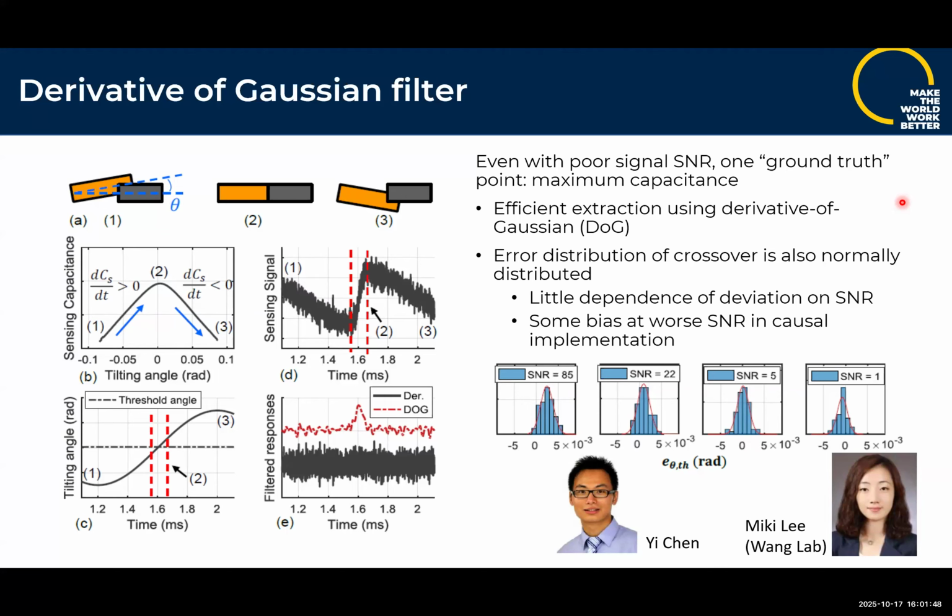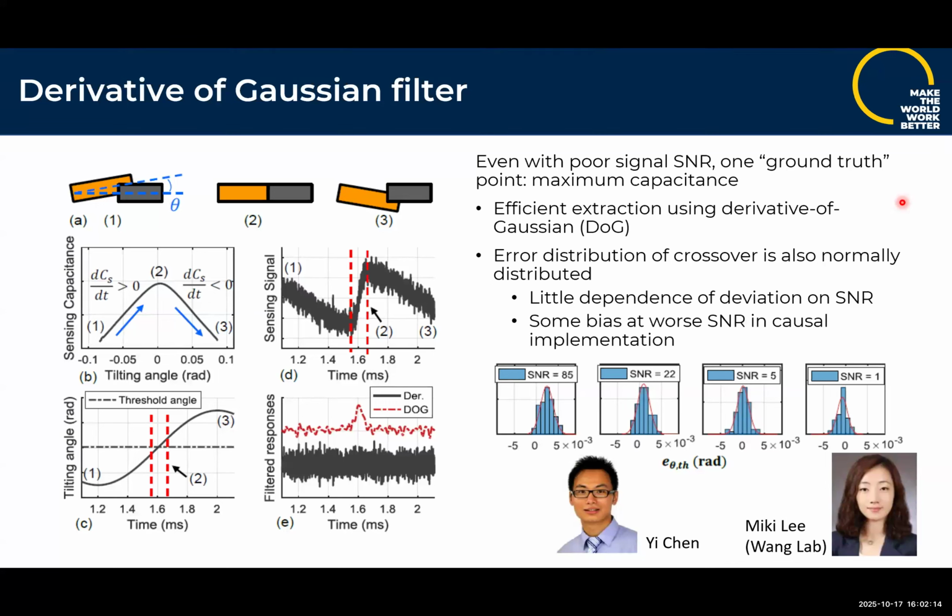One thing we recognize is you do have one sort of ground truth: you can be pretty darn confident that the absolute maximum capacitance happens when your fingers are completely overlapped. This gives you a single point in each cycle where you have a very high degree of confidence and a relatively steeper crossover in the signal on which to make measurements.